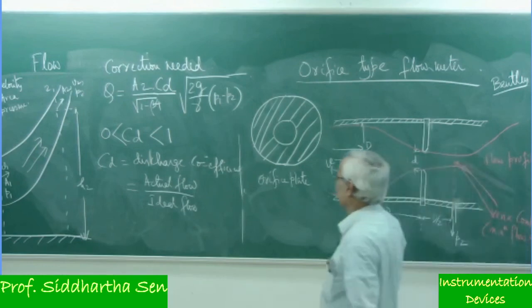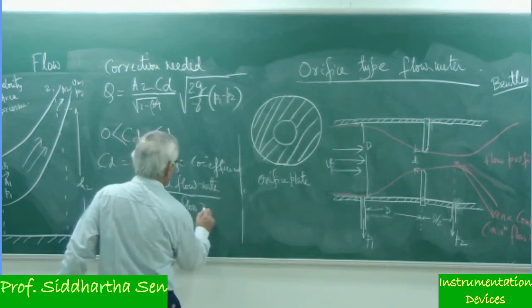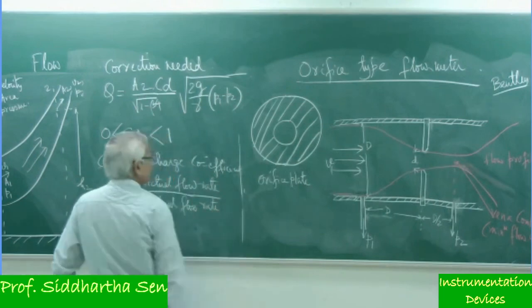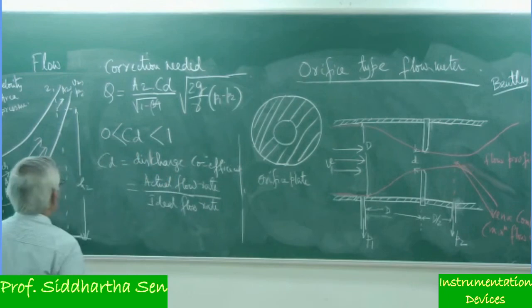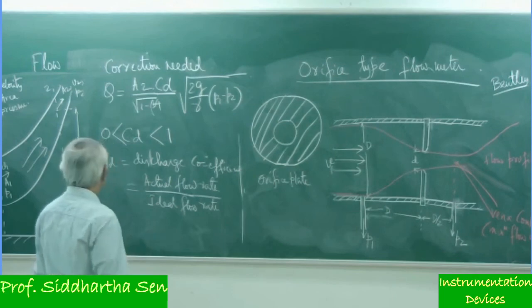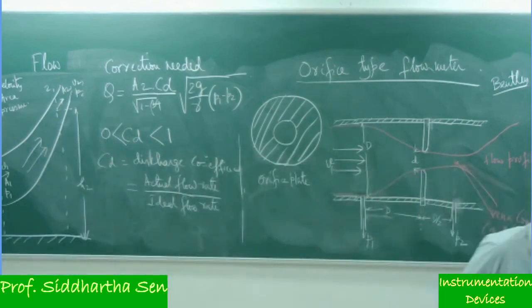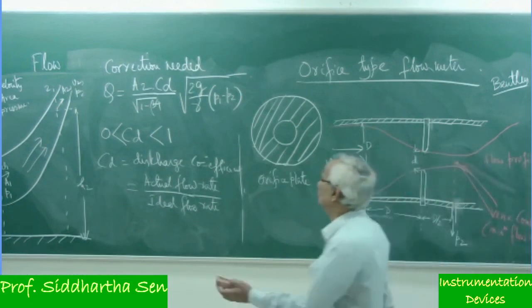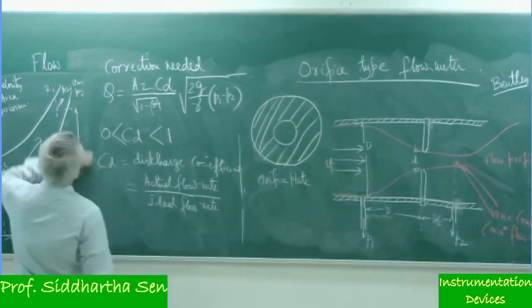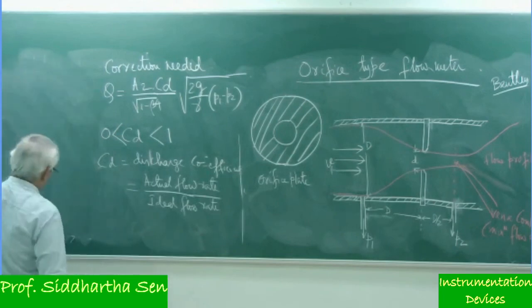So I will say it always actual flow rate and ideal flow rate. So why we need to incorporate the CD? Why we need to incorporate this CD?